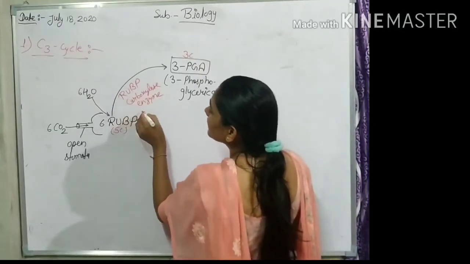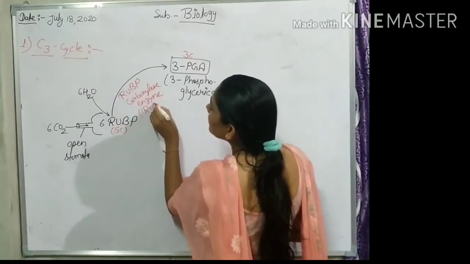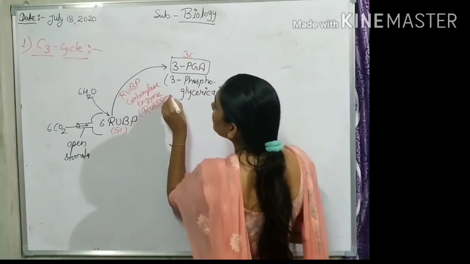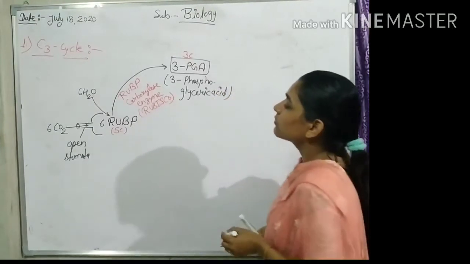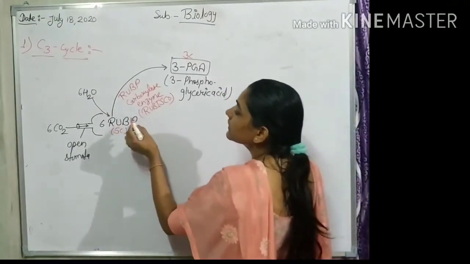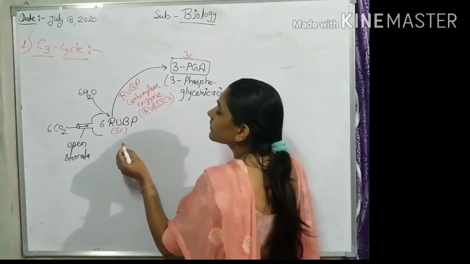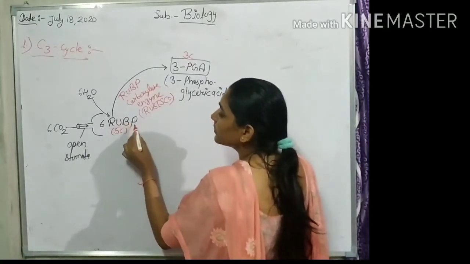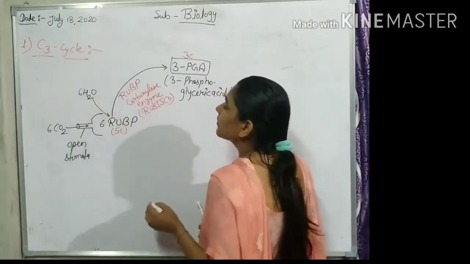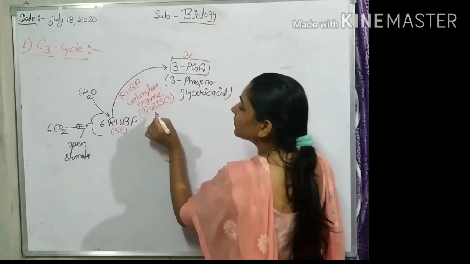It means Rubisco. Rubisco helps in the CO2 fixation. It means reaction of RuBP with CO2 and water molecules by Rubisco enzyme.